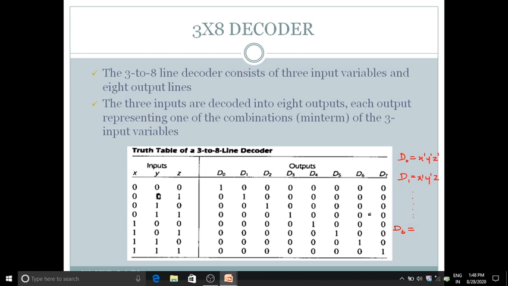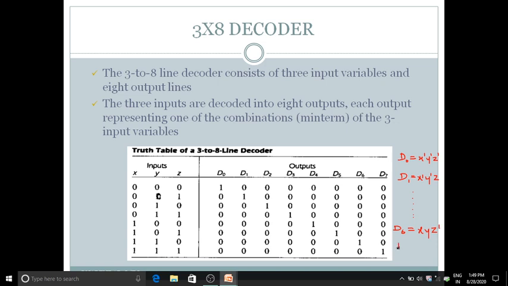For D6, you can see that this function equals 1 only for the combination x equal to 1, y equal to 1, and z equal to 0. So the minterm corresponding to this is x, y, and z bar.